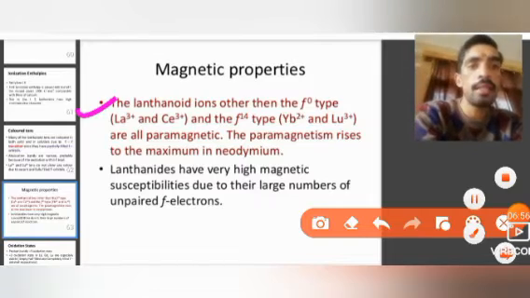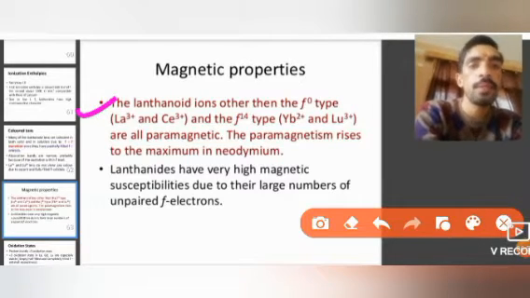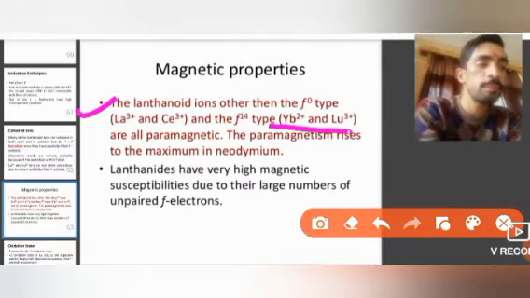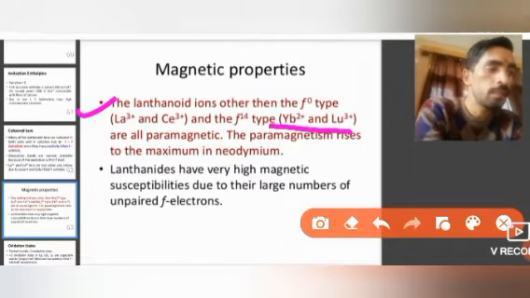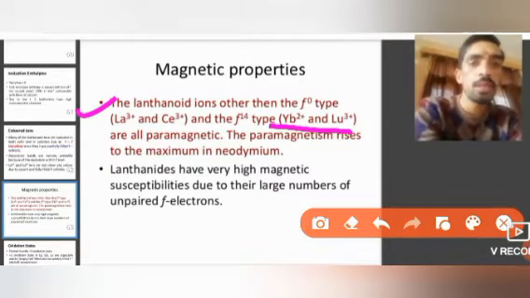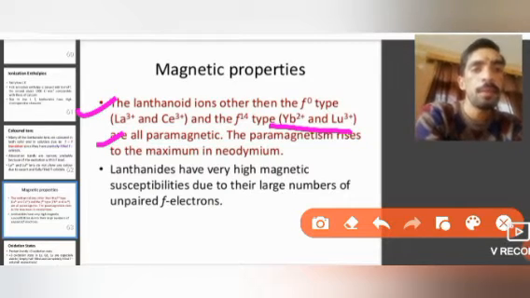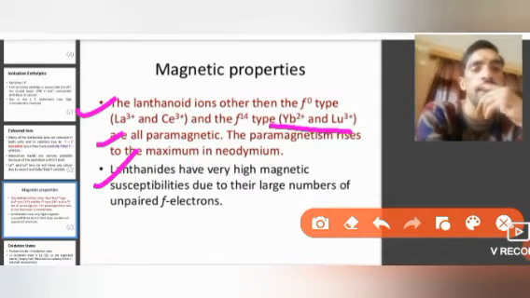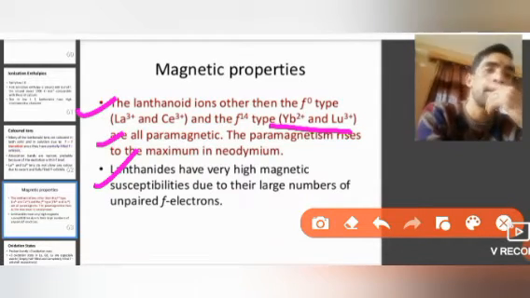The lanthanide ions other than the f0 type, suppose lanthanum 3 positive is f0 type, cerium 4 positive is f0 type, and f14 type, which is fully filled, ytterbium and lutetium 3 positive, are all paramagnetic in nature. The paramagnetism rises to the maximum in neodymium. Lanthanides have very high magnetic susceptibility due to their large number of unpaired electrons.